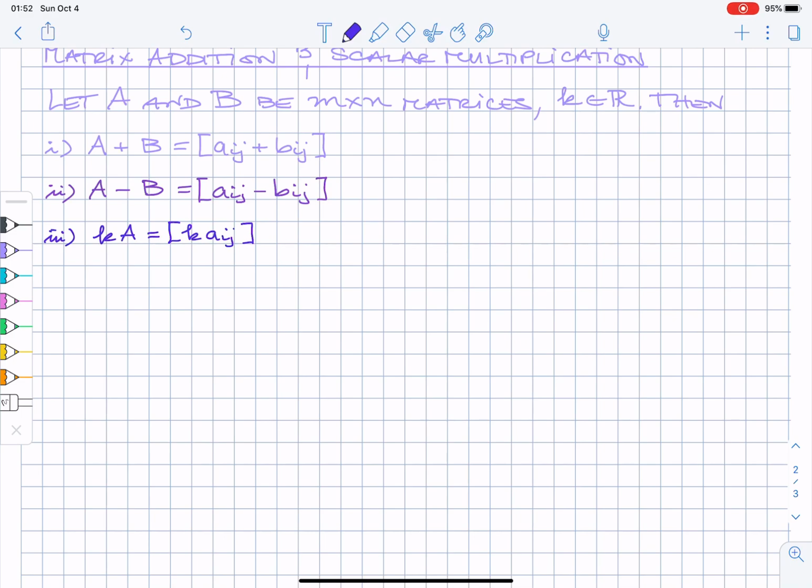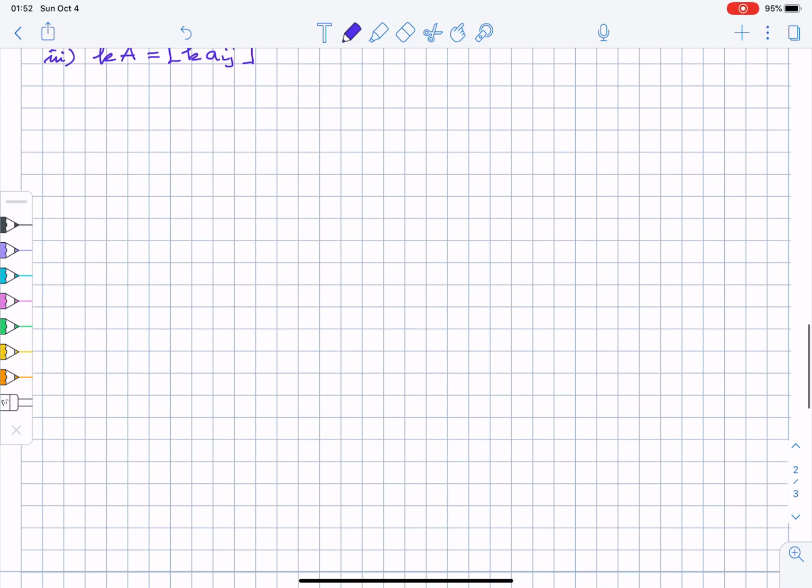Okay. So let's do an example. Let matrix A be equal to, square brackets always, 1, 2, 3, 4, 5, 0. Square brackets.